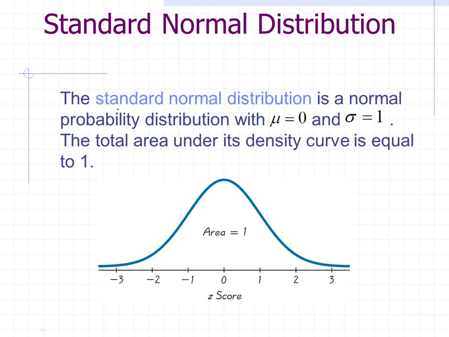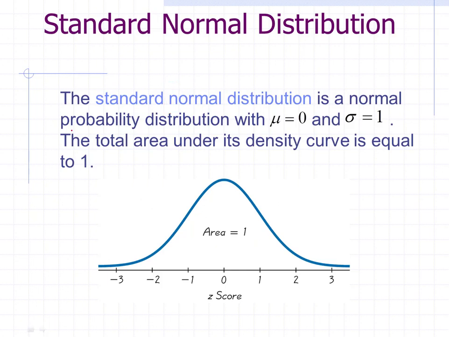When we have a standard, okay, let's just cut this off a little bit. A normal distribution means that it's bell-shaped, the mean is in the middle, and its width is described by the standard deviation.